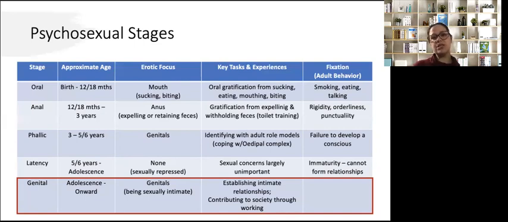So those fixations only occur if you get stuck in each stage. Okay. But if you've made it to the genital psychosexual stage, you've moved up through all the other ones successfully. You're now able to establish intimate relationships, you contribute to society, and you shouldn't have any sort of leftover fixations occurring in adulthood.